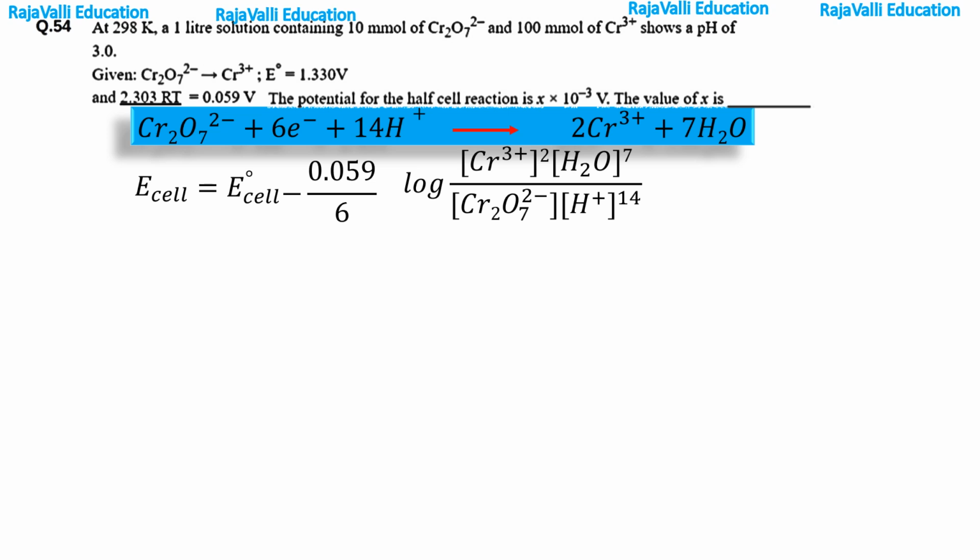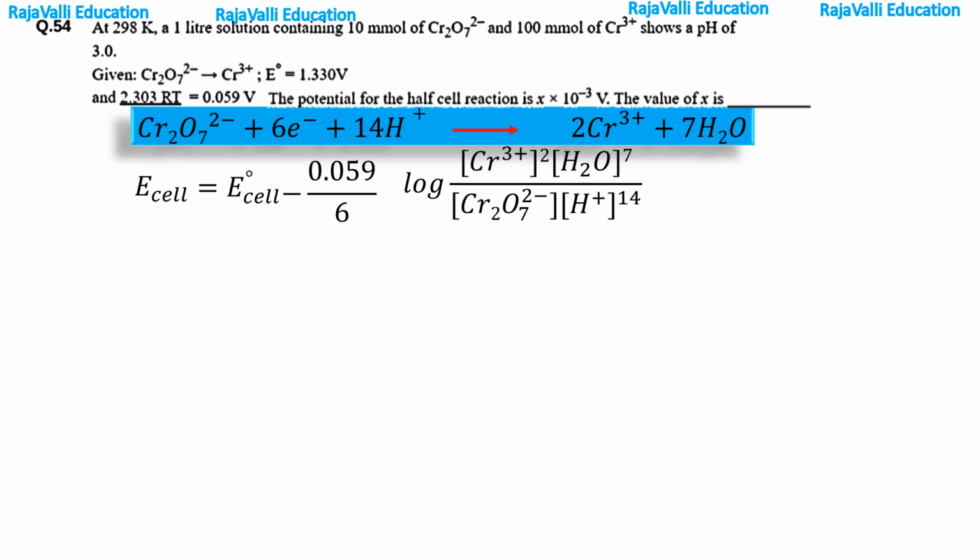Log of concentration of Cr3 plus to the power 2, because its coefficient is 2, and H2O to the power 7, divided by Cr2O7 2 minus into concentration of H plus whole power 14. Now we have to substitute these values in this equation.